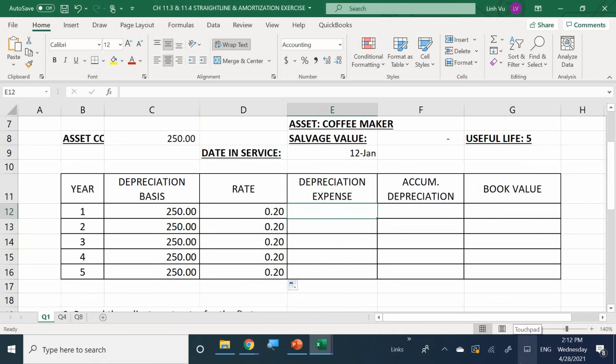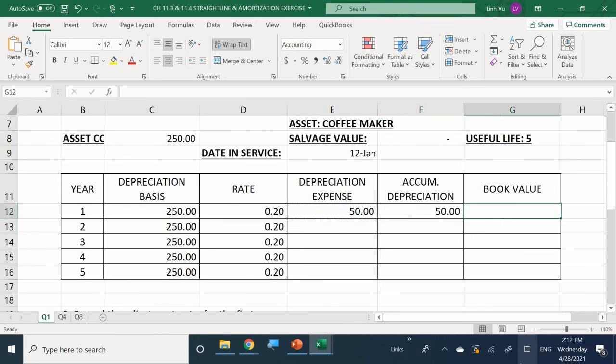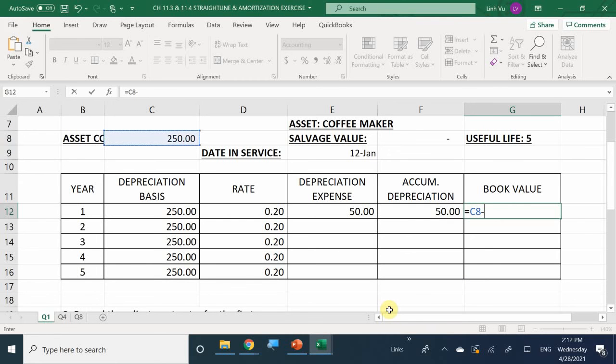So therefore, what is going to be my depreciation expense? $50, right? Okay. So therefore, what is going to be my accumulated depreciation? $50. So therefore, what is going to be my book value as of year 1? 200.